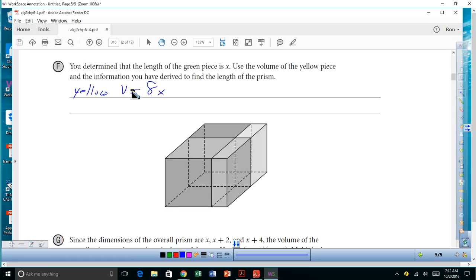The height is x and the width is 2. So let's divide that by 2x, and we get 4. And so the remaining edge length is 4.